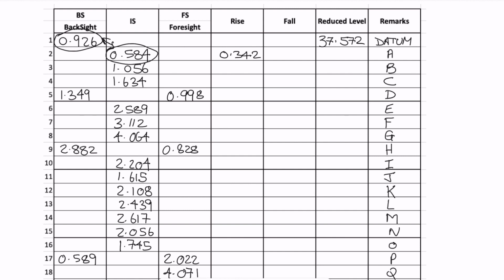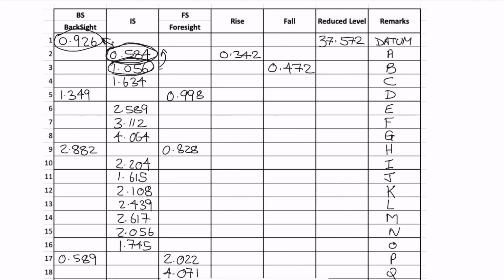Now, comparing the next 2 readings, 0.584 and the reading afterwards, work out the absolute difference. The second reading is larger than the preceding reading. That represents a fall. That absolute difference is then entered under the fall column.